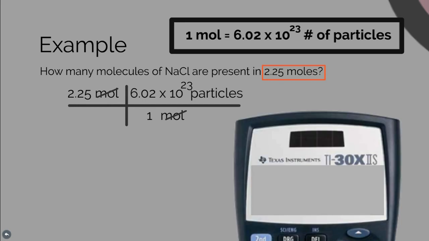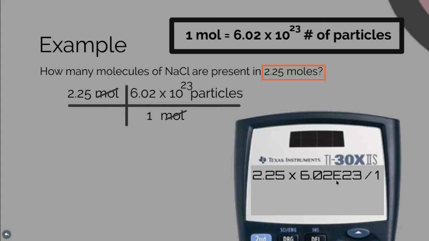Now, if we go over to the calculator, make sure that you're very careful about the way that you enter this one. So if you just take it step by step, you'll be entering 2.25 moles in the calculator, and it is being multiplied by 6.02, and again, instead of using times 10, I'll be using that E symbol key. Remember, there's 2 keys to go with that, second and x negative 1.